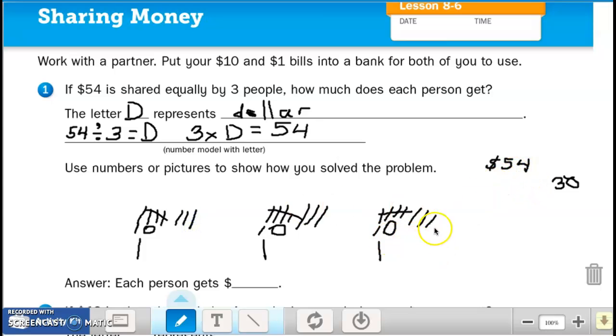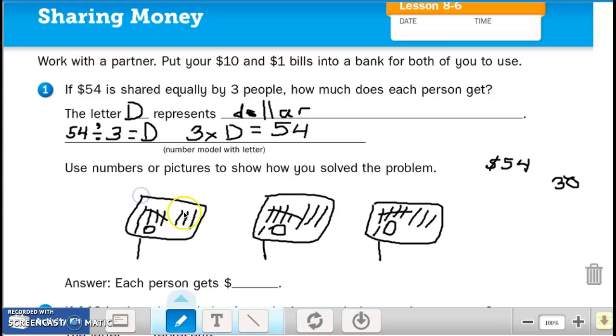Now I can see how much each person gets. These are each dollars, okay? So 10 plus 8 tally marks, $8. 10 plus 8 equals 18. So each person is going to get 18. So D up here equals 18.